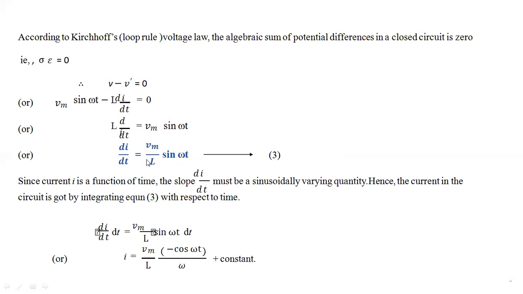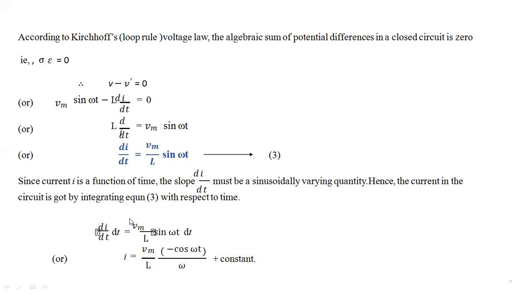Hence, the current in the circuit is got by integrating equation 3 with respect to time. So let us integrate this equation with respect to time t. The integration of di by dt is I, and that is equal to the integration of Vm upon L sin omega t.